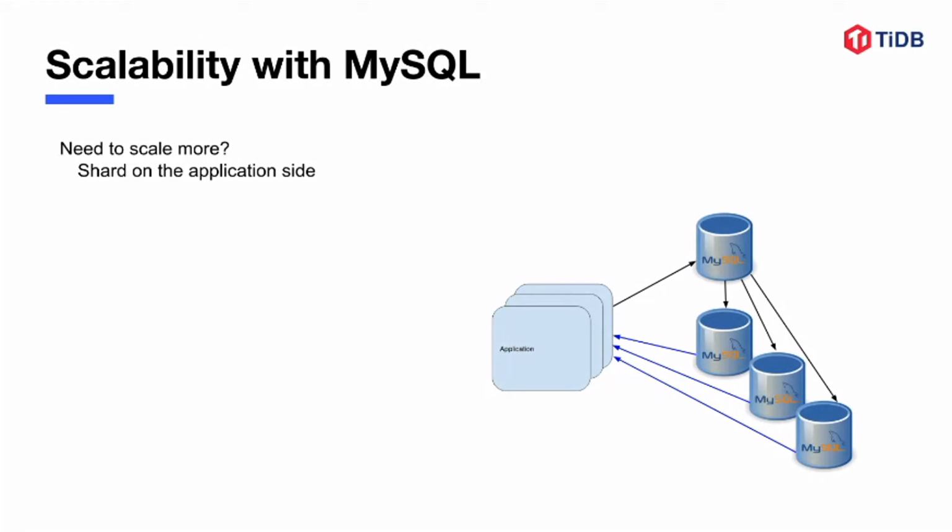And what if you want to scale reads, writes, and data size, and maybe you want to scale the data size to more than what a single machine can really work with? Well, then you need to start sharding. So you get multiple setups, and then the application needs to decide where which customer is living. This might work quite well in the beginning, but resharding is usually quite a difficult thing.